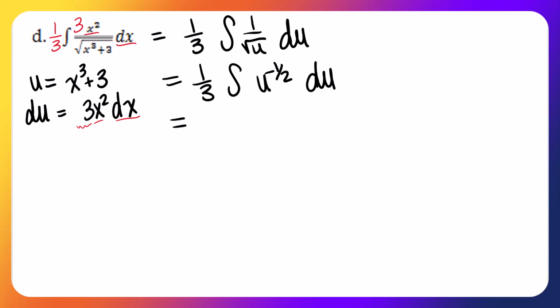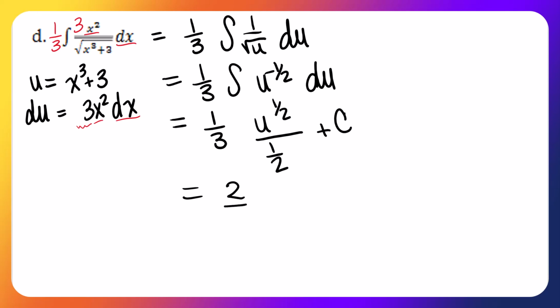So then once we do that substitution, remember, we're doing substitution to get it to a form that I can integrate. And that's exactly where we're at because I can just use that power rule. So remember, I'm going to add 1 to my exponent. So negative 1/2 plus 1 would give me a positive 1/2. I need to divide by that same value, so a positive 1/2, which remember is the same thing as multiplying by 2.